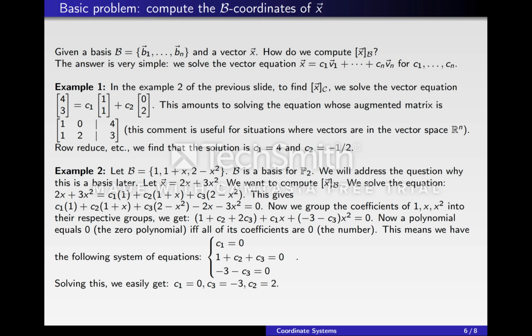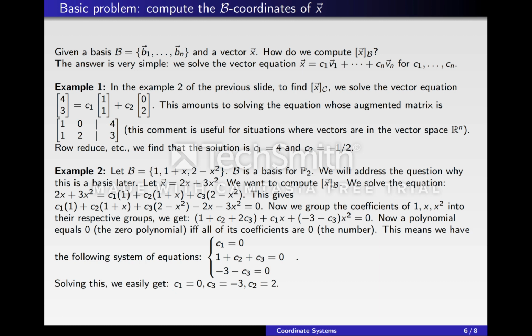Now we obtain a polynomial that equals the 0 polynomial on the right hand side. A polynomial equals the 0 polynomial if and only if all of its coefficients are 0. Just make a distinction here between the 0 polynomial and the 0 as a number.